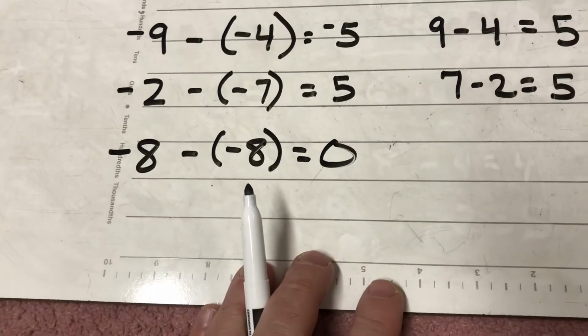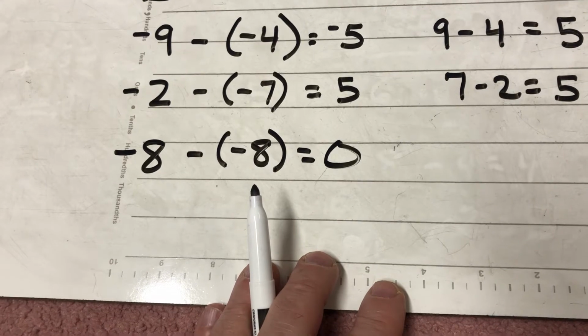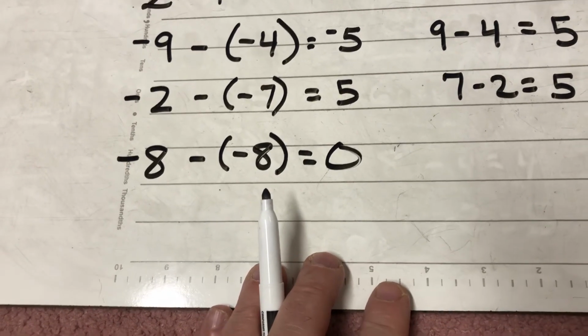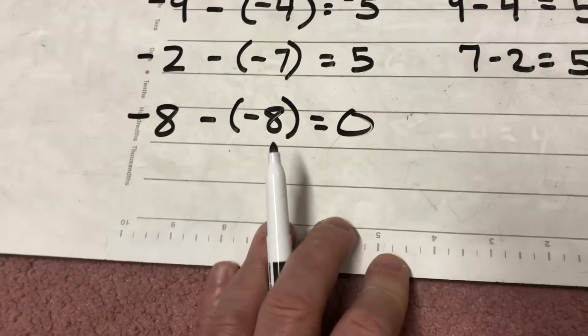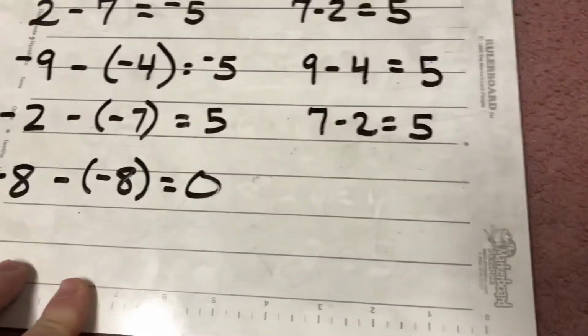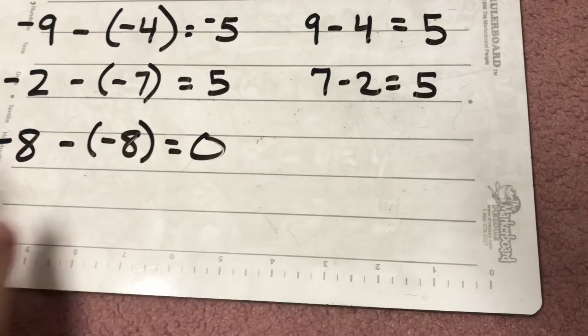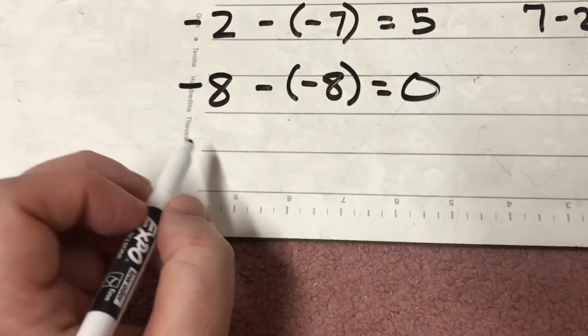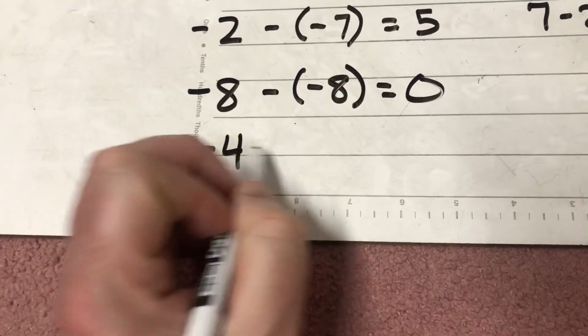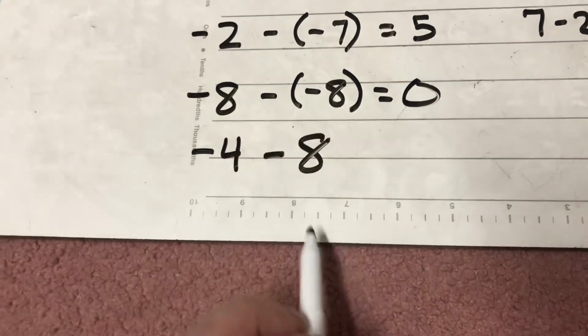What if we have a situation where one number is negative and one number is positive? Let's put it down here. Like we have negative 4 minus 8.